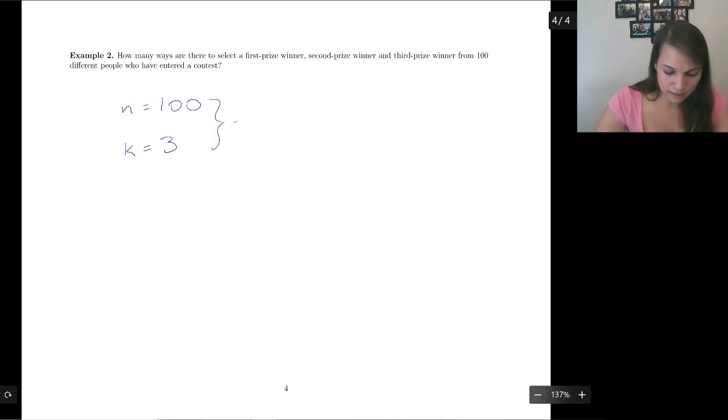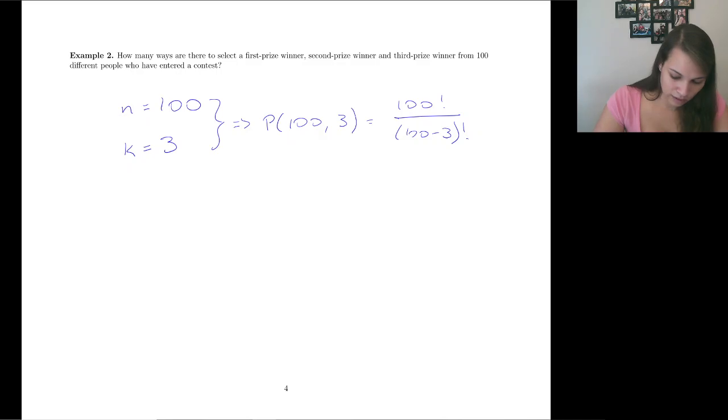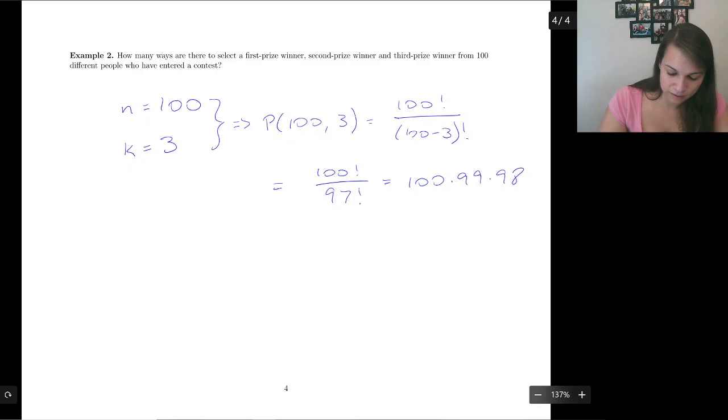So we combine that and we say P(100,3), which is 100 factorial over 100 minus 3 factorial. And then that's going to be 100 factorial over 97 factorial, which simplifies to 100 times 99 times 98. We're going to draw a winner's block.